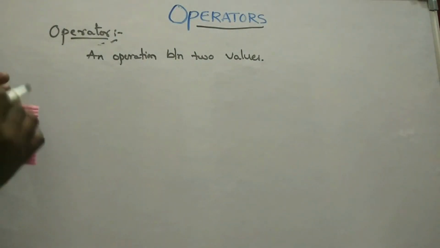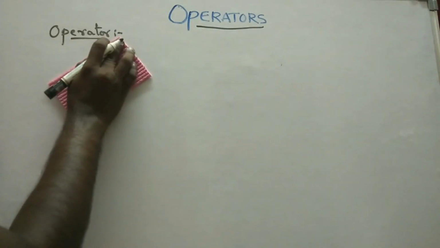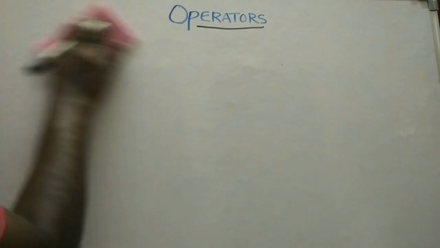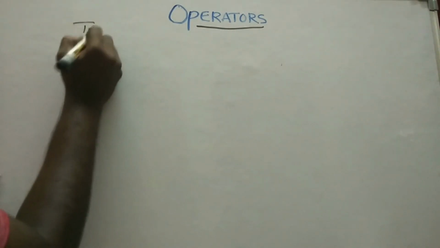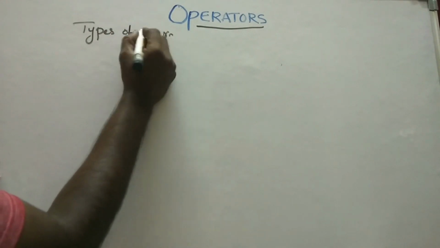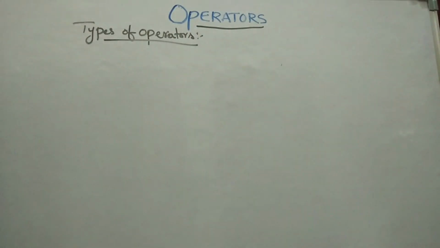Now, what are the different types of operators we have? In C we have a total of 8 types of operators.